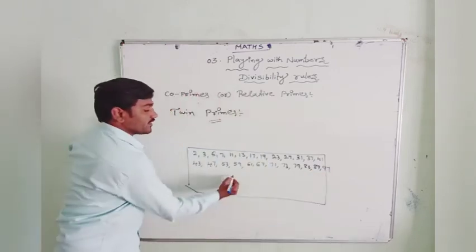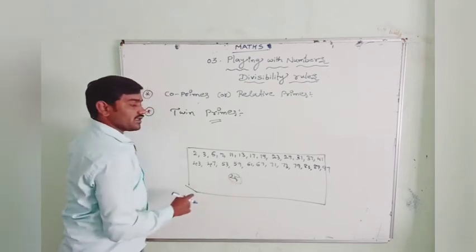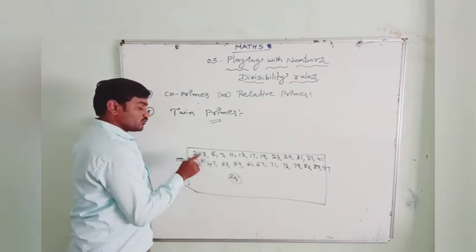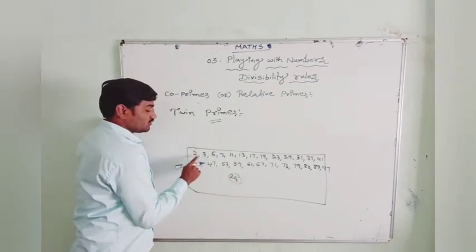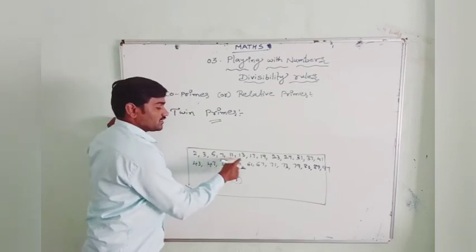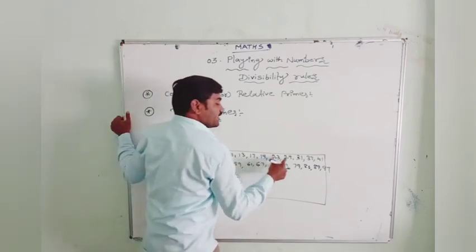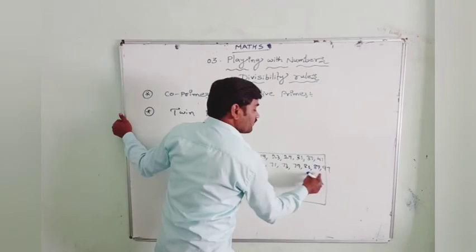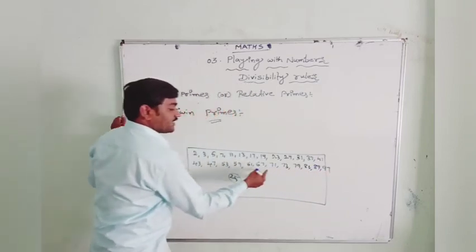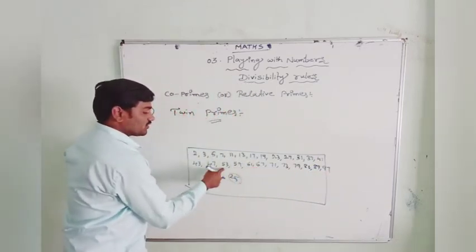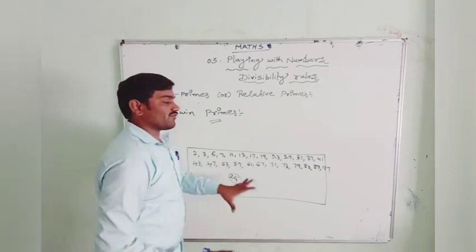There will be exactly 25 prime numbers. Count them: 1, 2, 3, up to 25. Exactly, these are the 25 prime numbers.